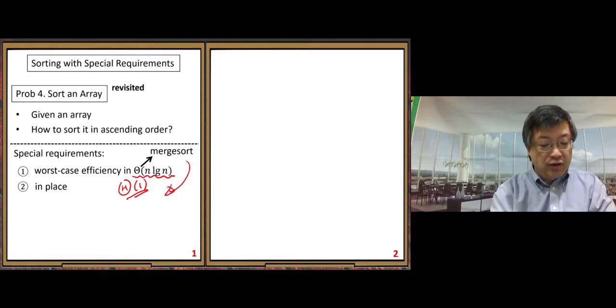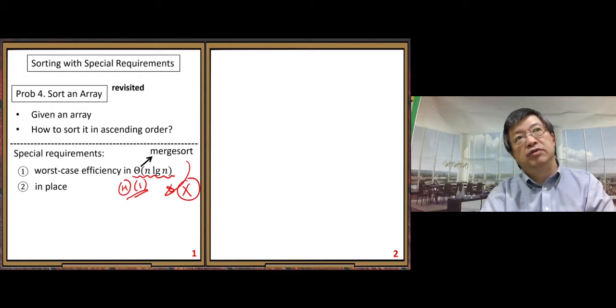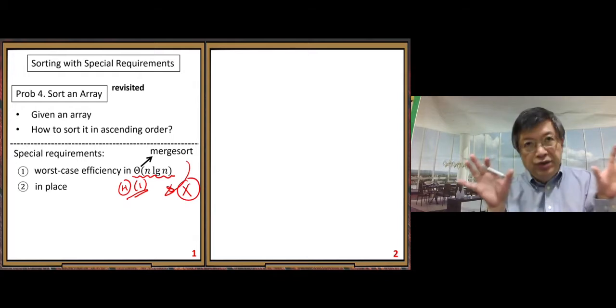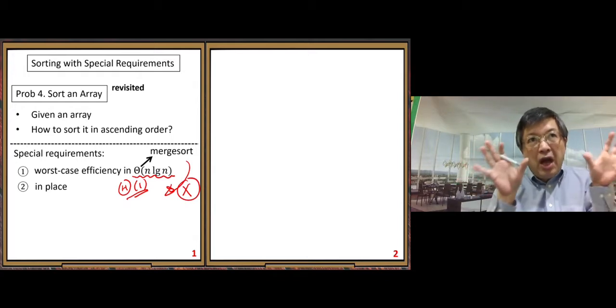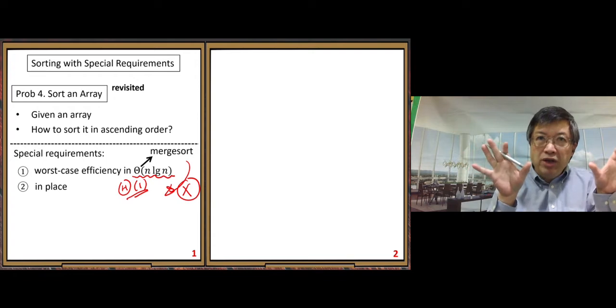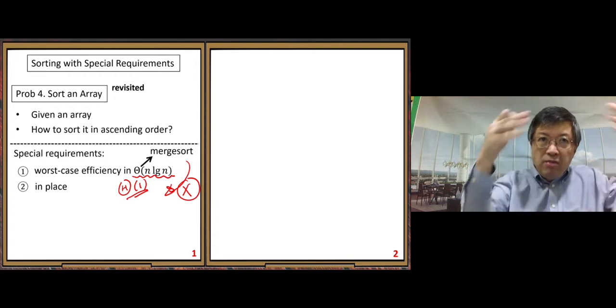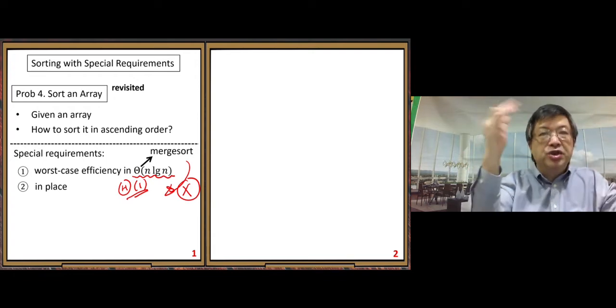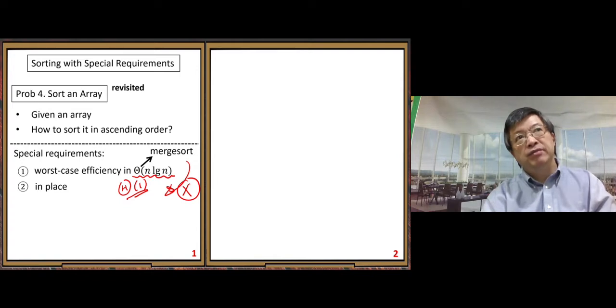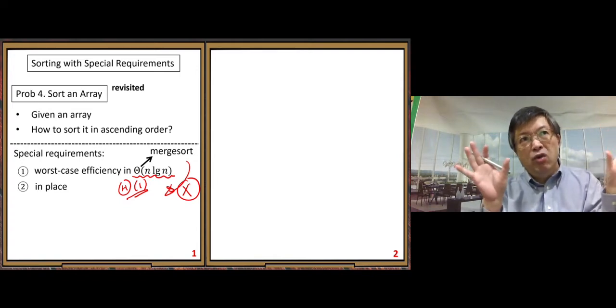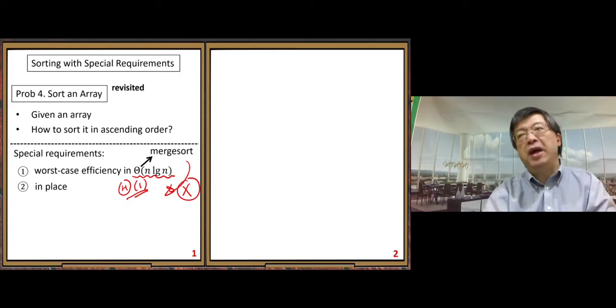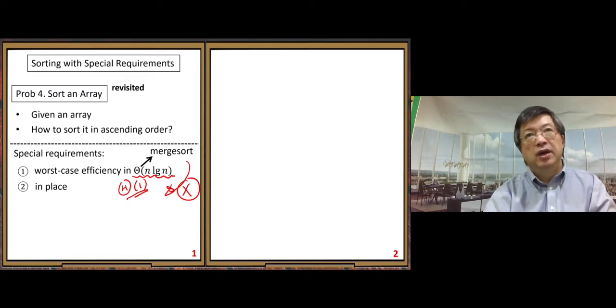The merge sort is not in place. We need to use extra storage space, the same amount of space as the original array. If you recall the merge procedure, you can see that easily. So it does not satisfy requirement number 2.